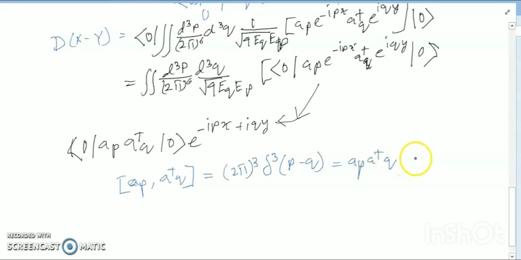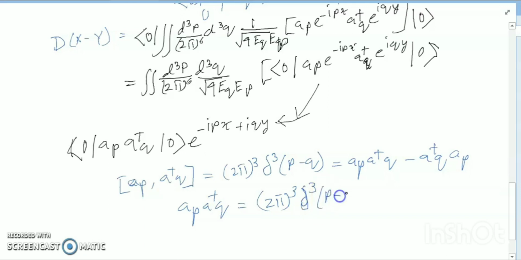So this value can be written that a_p a_q dagger equals (2π)^3 delta^3(p minus q) plus a_q dagger a_p.